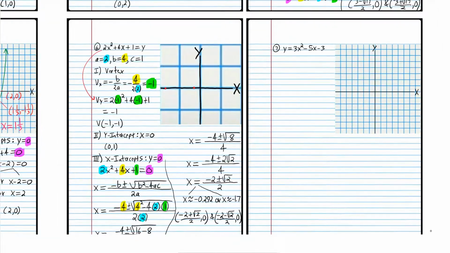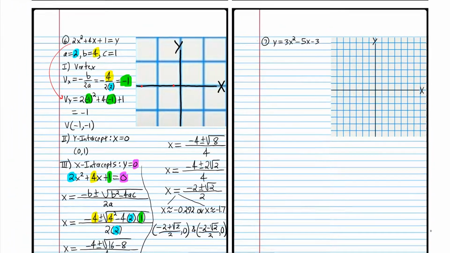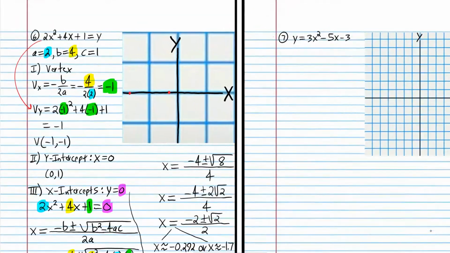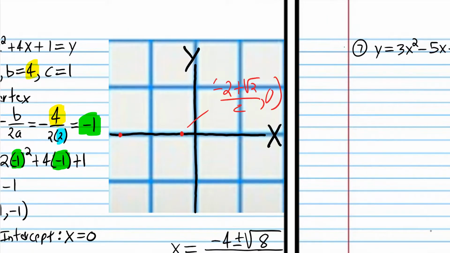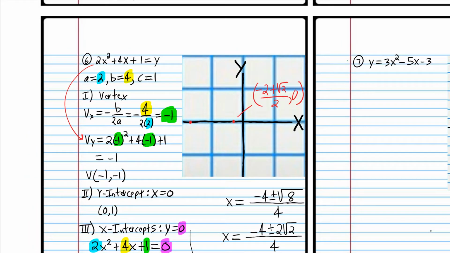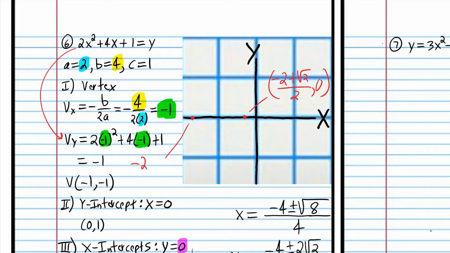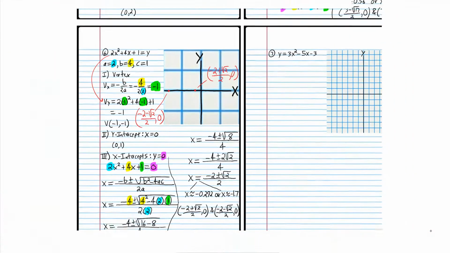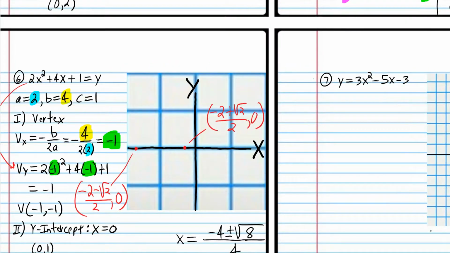And we're going to have to write those big expressions: negative 2 plus root 2 over 2, 0. And the other point is negative 2 minus root 2 over 2, 0. And the y-intercept is 0, 1.